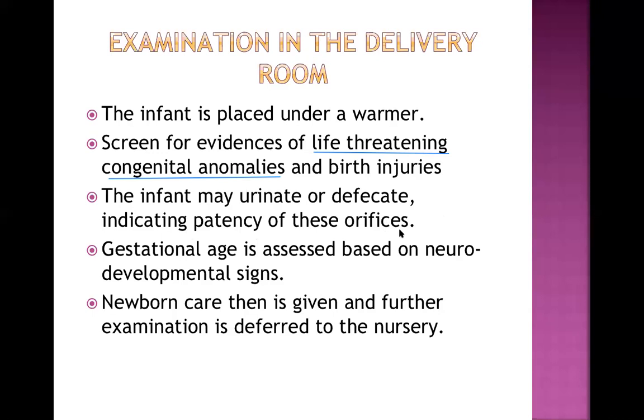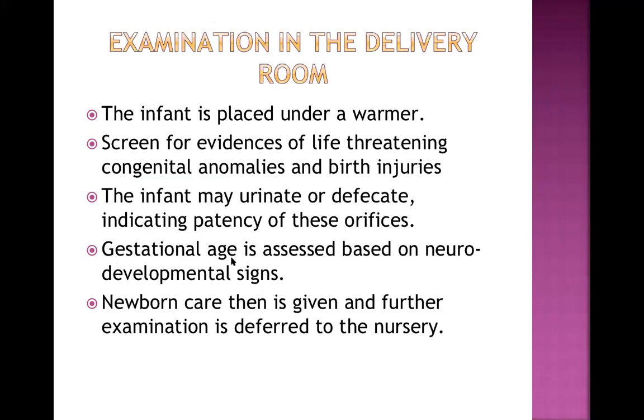Okay, they are normal. After that, the gestational age is assessed based on neurodevelopmental signs, especially if you believe the lady is not giving proper history, or she is not sure about the LMP, or last menstrual period.